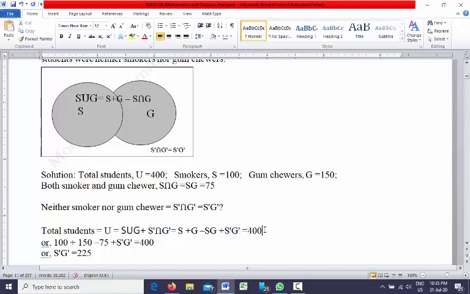So total student is 400. We have total 400 students, right? Out of that, 100 fall in S category, 150 fall in G category, and 75 students fall in SG category. So SG is 75.